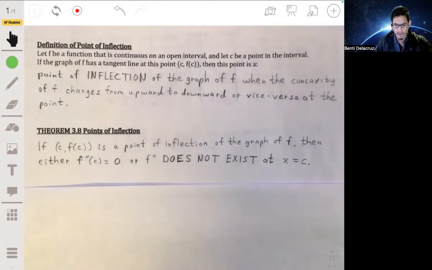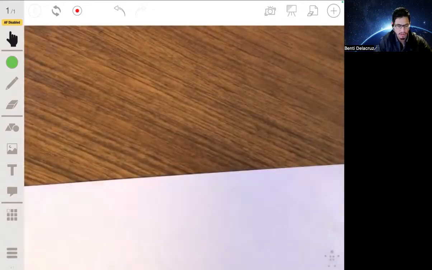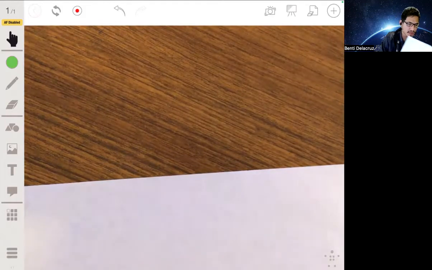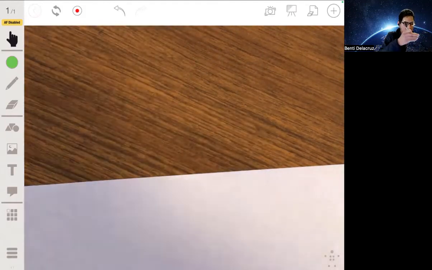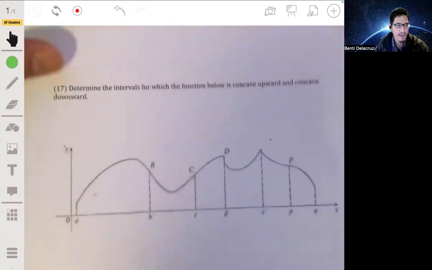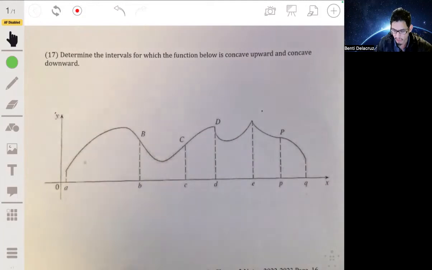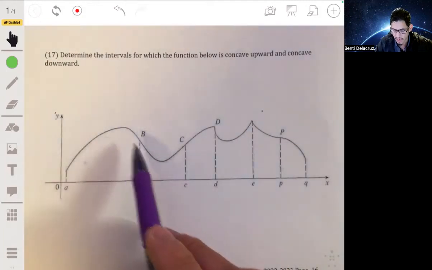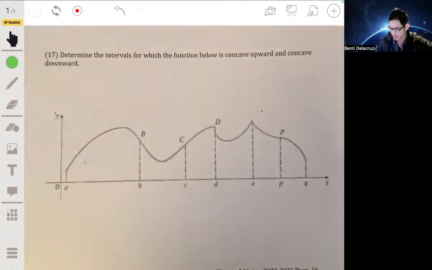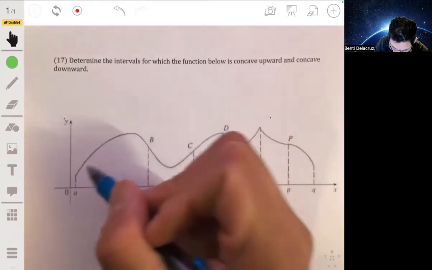But let's first go over a geometrical depiction of what this looks like so you can understand a lot better. So going back to the first graph in this lesson, remember that we have a graph that can go concave down, concave up, and then switch. First, the graph is going concave down.